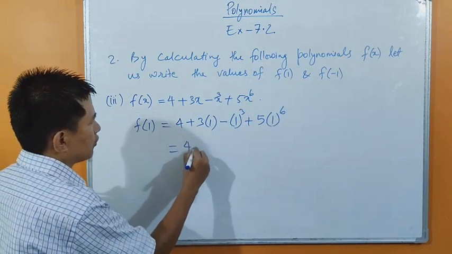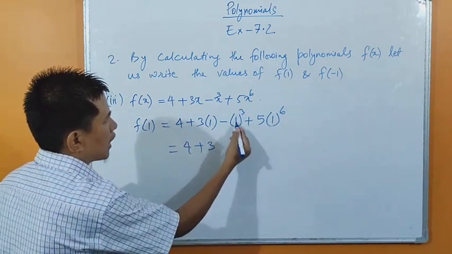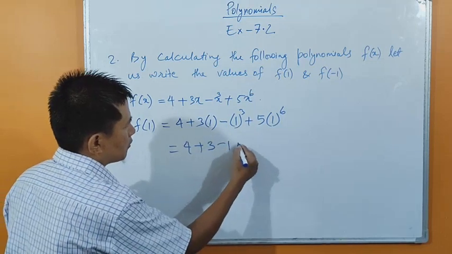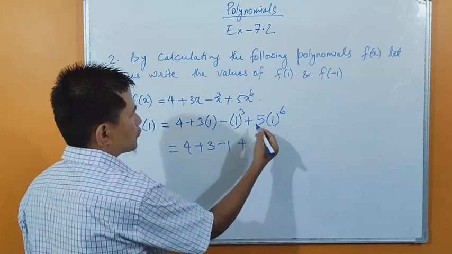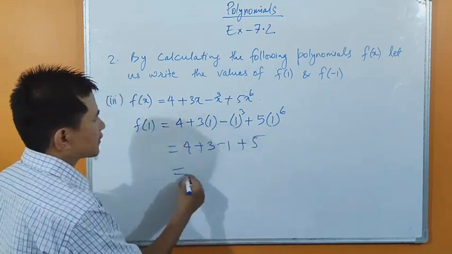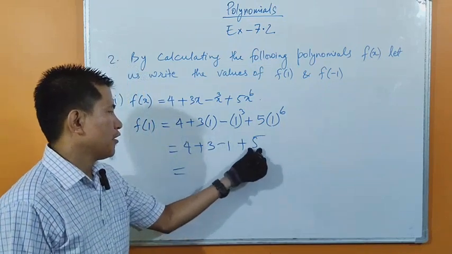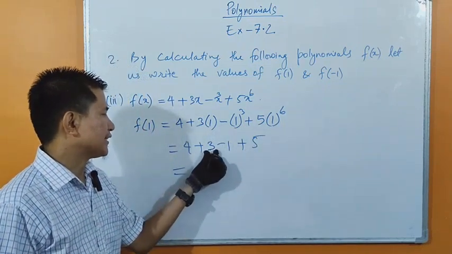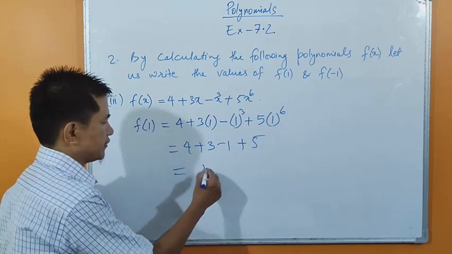So this is 4 plus 3 ones are 3, and 1 cubed is 1, this is minus 1, plus 1 to the power 6 is 1 and 1 into 5 is 5. Now let us add all the positive numbers and then subtract the negative one. 5 plus 3 is 8, 8 plus 4 is 12, 12 minus 1 is 11.